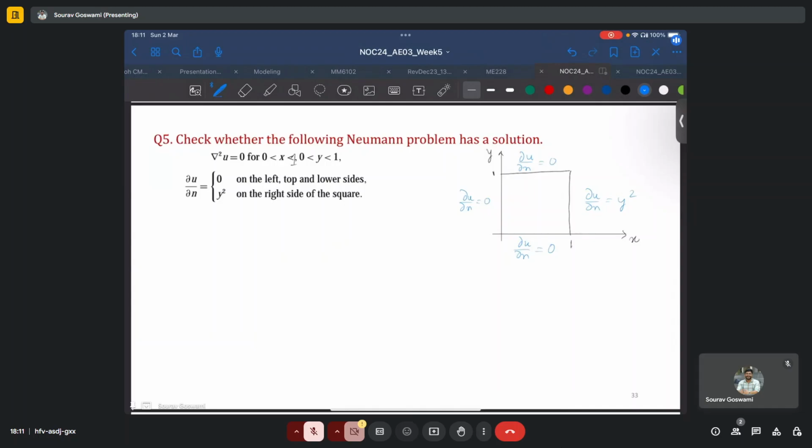Let us rewrite the necessary condition for existence of solution for a Neumann problem: the cyclic integral of g times ds is 0. G, by the way, is equal to dou u dou n.